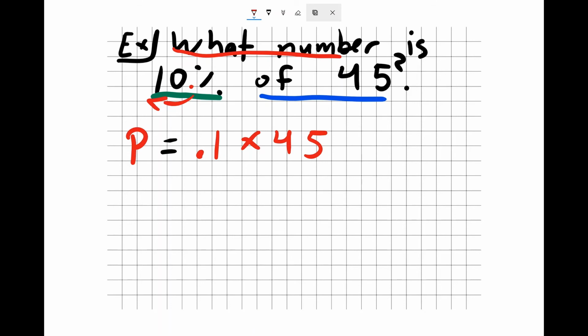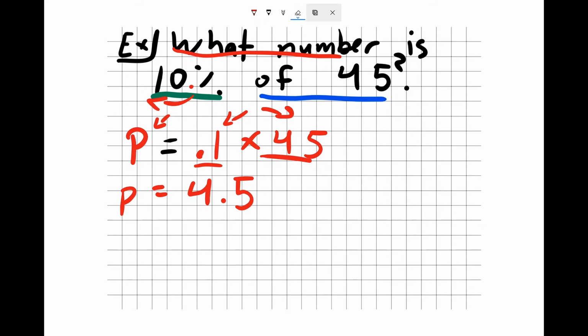Once you are here, all you have to do, simply take these two values and multiply them. 0.1 times 45 will give you 4.5. Whenever your variable is the part, it's going to be very simple.